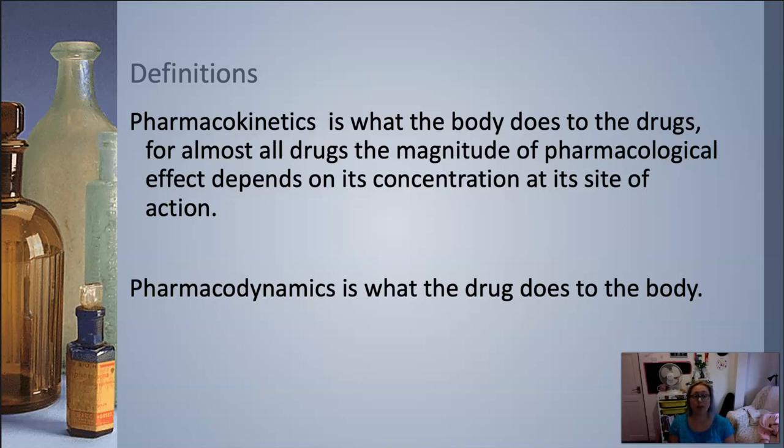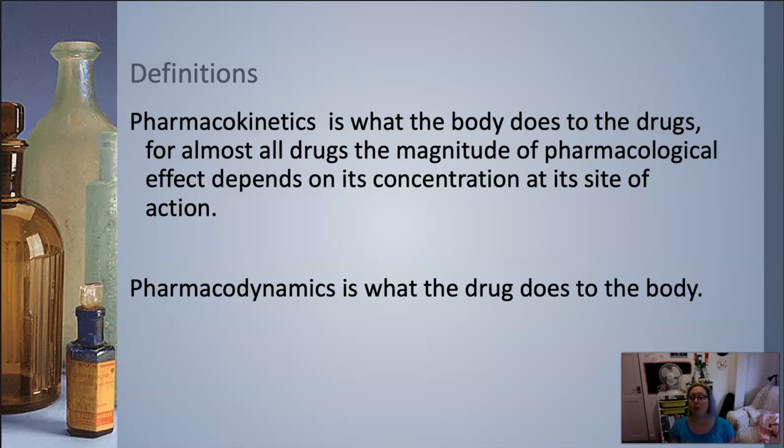So to start with, when we're thinking about pharmacokinetics, it's really looking at what the body does to the drugs. When we take our little tablet or pill or medication, or we have a topical application of something, pharmacokinetics is concerned with what the body does to the drug, how the drug is broken down within the body, and what effect the body actually has on the drug.